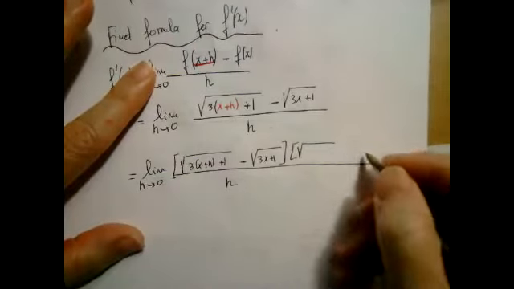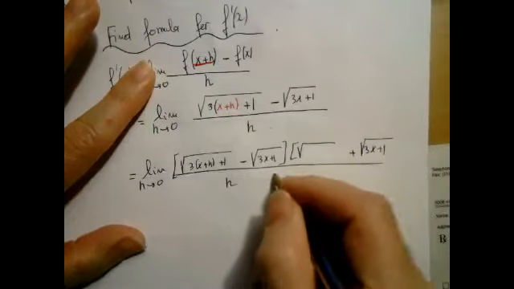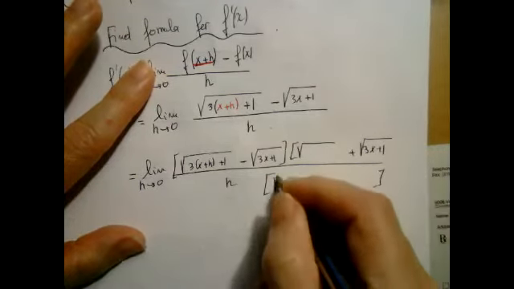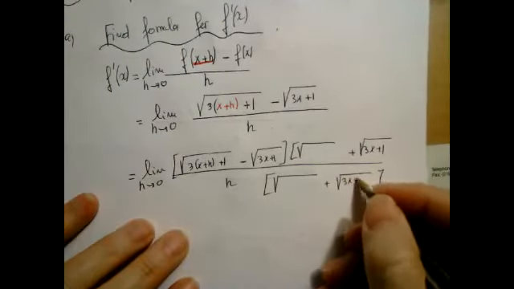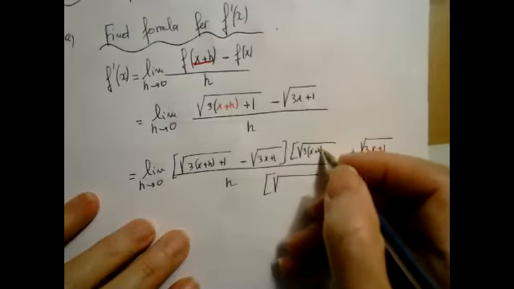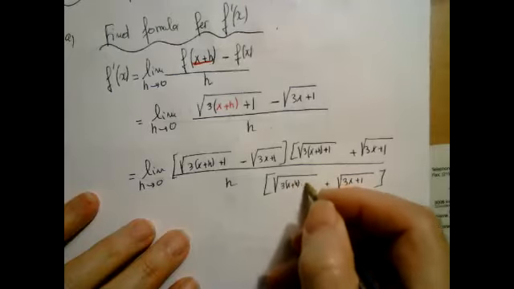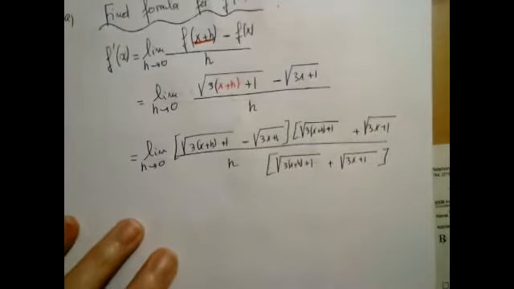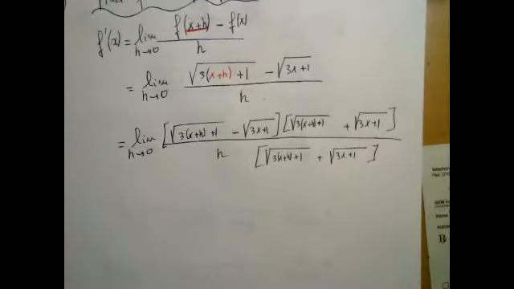So we multiply by the conjugate, numerator and denominator. This is the square root of 3x plus 1, and that is the square root of 3 times x plus h plus 1. That's the trick we use to help us solve this problem.